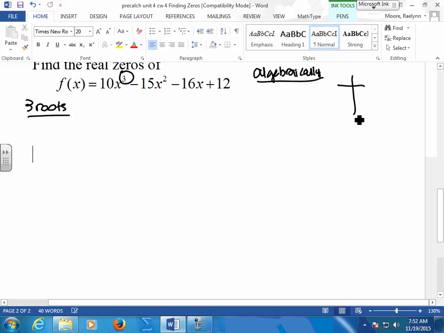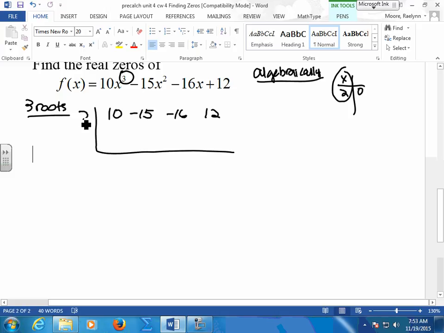So you found the 2, 0? Yeah. So your root is 2. If we start dividing by 2, then we should get down to a quadratic. And can't we factor a quadratic when the exponent is 2? Yes. All right, so let's take out these coefficients. 10, negative 15, negative 16, 12.